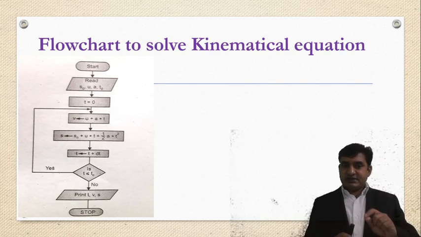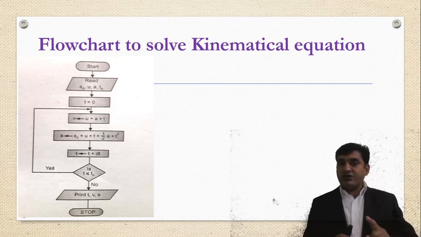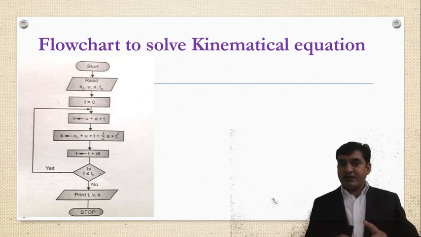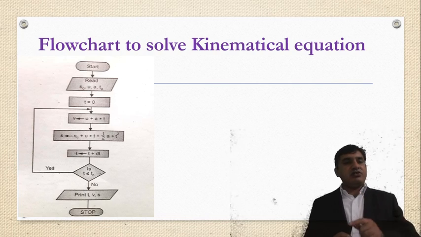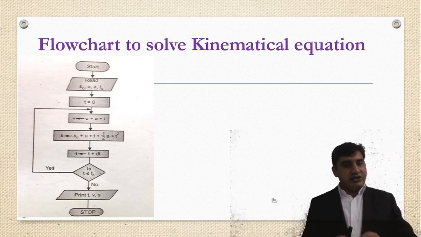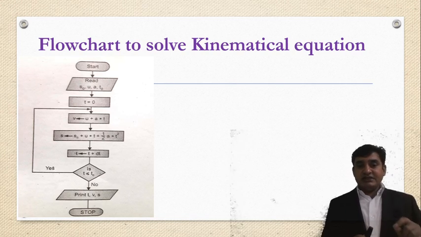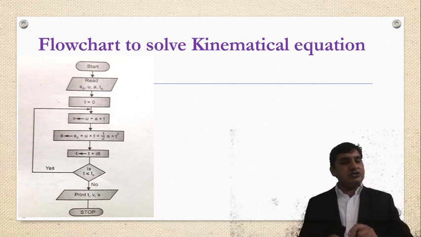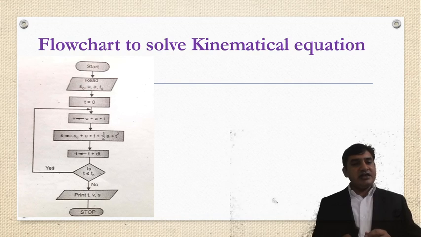If yes, it is less than or equal to t0, that is a final time. Again calculate final velocity v and final position s. Again time is incremented by dt. Check the condition: is t less than or equal to t0, that is final time?